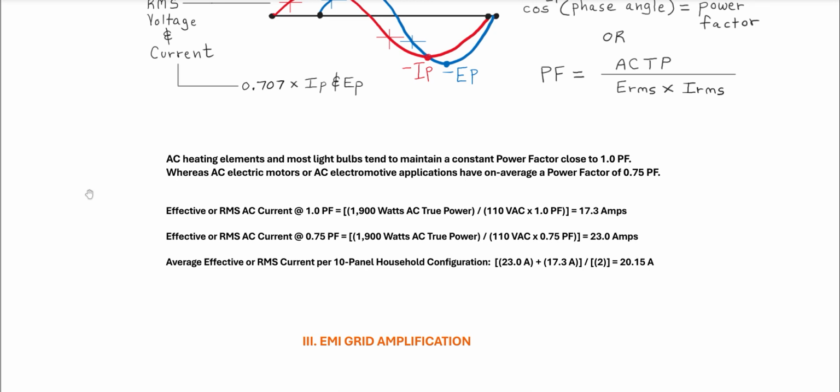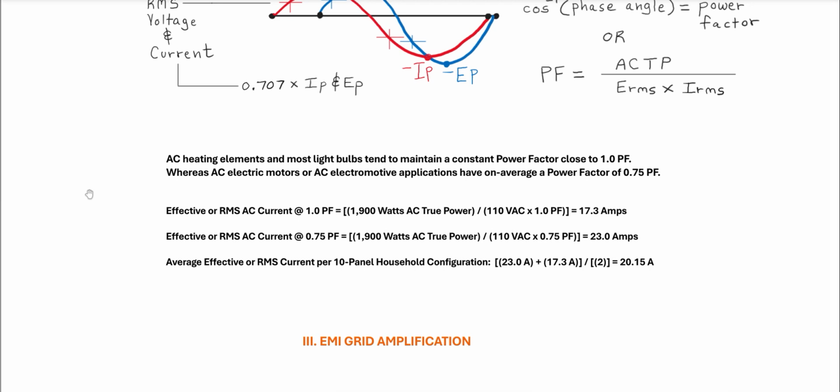So more or less the multiplication of the effective voltage and current makes a power factor 1.0 circuit behave much like a DC circuit. So you can just multiply the effective volts times the effective amperes and get a very close or exact value when dealing with a 1.0 power factor application.